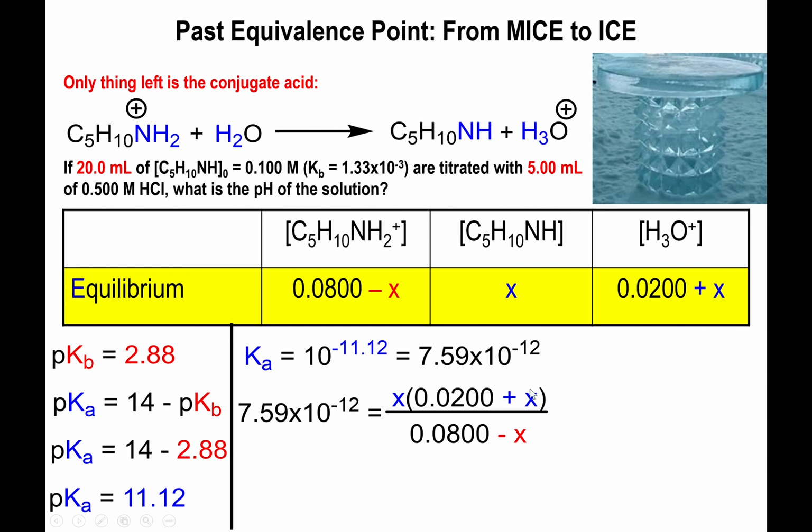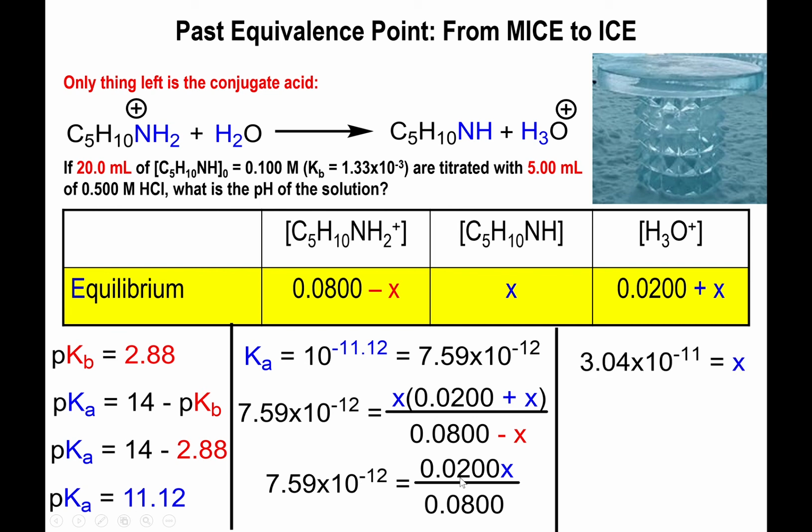So the plus x and minus x can be discarded. The only one that is kept is the x that's being multiplied. So you have 0.02x divided by 0.08x. So if you solve for x, multiply the 7.59 times 10 to the negative 12 by 0.08, press enter. Divided by 0.02, press enter. You should find out that x equals 3.04 times 10 to the negative 11.